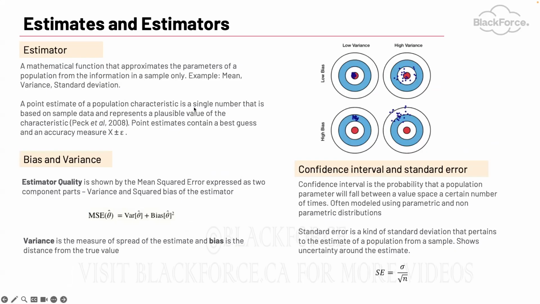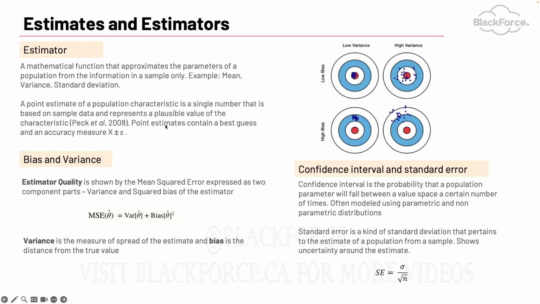Now, an estimator is a mathematical function that helps us measure, in an approximate sense, a particular parameter of a population from the sample. Remember, with inferential statistics, that's what we're trying to do, right? Think about all the things we've been looking at, measures of center, measures of variability; those are all estimators.